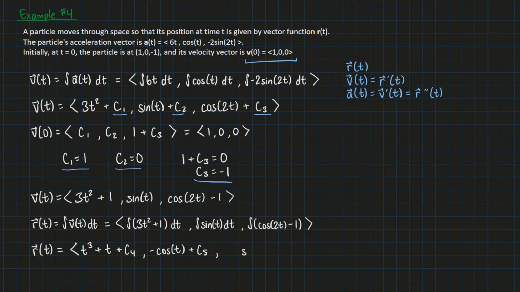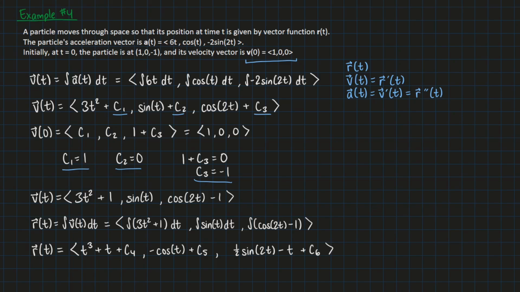We keep the argument the same. And then the derivative of the argument is 2. So there's a coefficient of 1 in front of the cosine here. And then the coefficient here multiplied by 2 has to give us 1. So we would have 1/2 right here. So the integral of cosine of 2t minus 1 is 1/2 times the sine of 2t minus 1t plus c6.